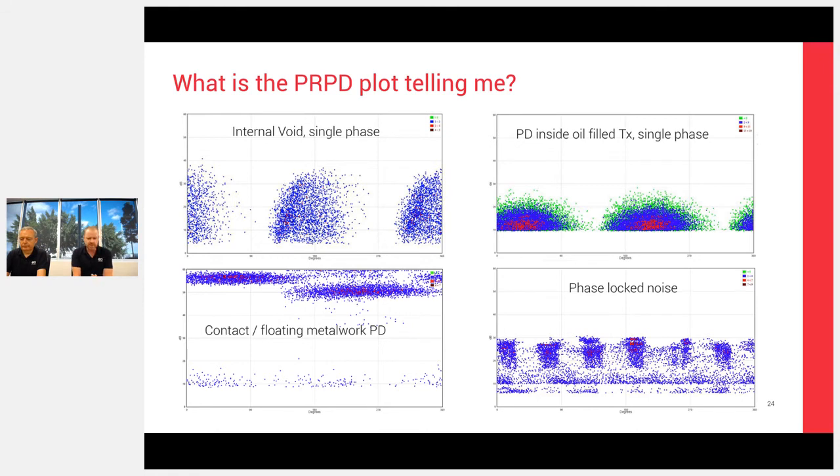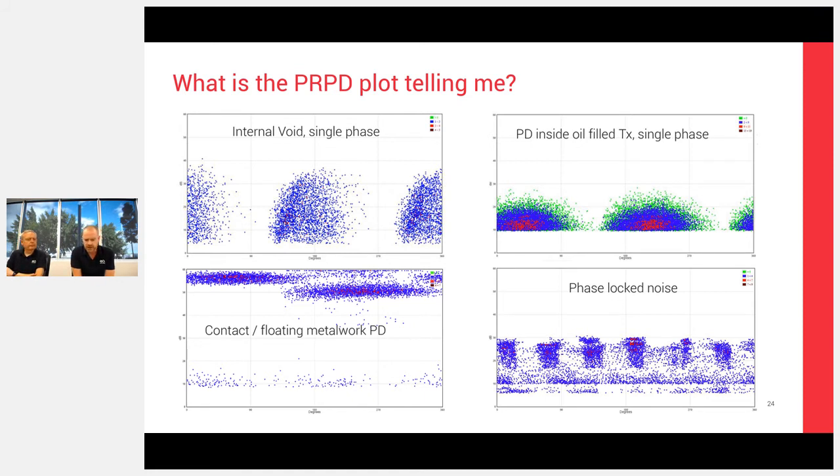You can see there's a pattern there of 2 what we call rectangular looking clouds of events, and that is a single phase contact type pattern. You can also get what's called floating metalwork type patterns, and that's where you've got pieces of metal close to HV that aren't necessarily earthed, or live, or bonded, but they get an induced voltage on them because they're so close to the HV, and you get a similar pattern to that.